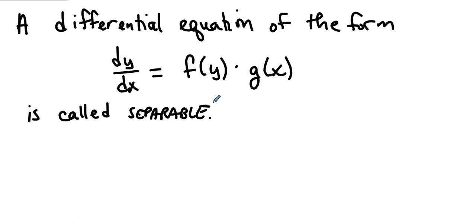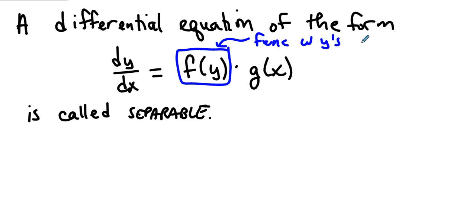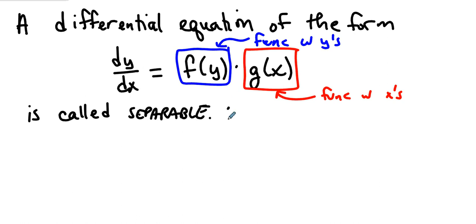Now, just to be clear, this is some function of y. It is any function with y's and not x's. This is some function with x's and not y's. So there are no y's in this box, there are no x's in this box, and those boxes are multiplied together. A differential equation of that form is called separable.